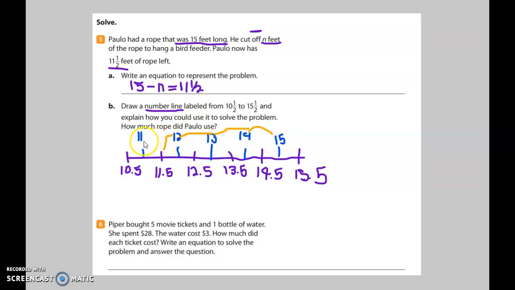I didn't go all the way to the other side. So I have 1 whole jump, 2 whole jumps, 3 whole jumps, half a jump. So 3.5 jumps. So he cut off 3.5 feet.